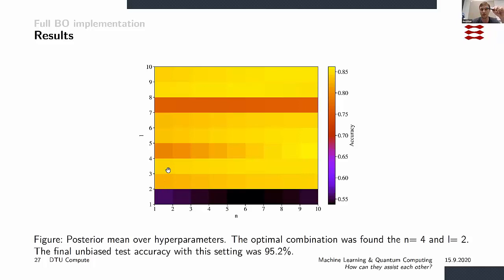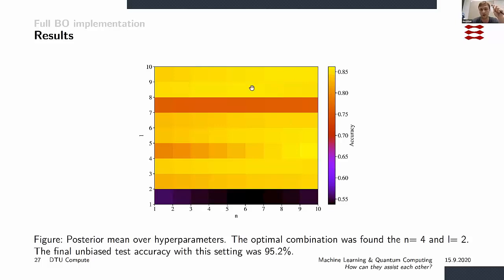What we see here is that when the circuit only has one layer, then it doesn't matter how many qubits there are, the accuracy becomes very low. This tells us that the quantum circuit itself is not expressive enough to classify, regardless of how many qubits you have. Whereas if you increase the number of layers to 2 and above, you can see that the accuracy increases dramatically.